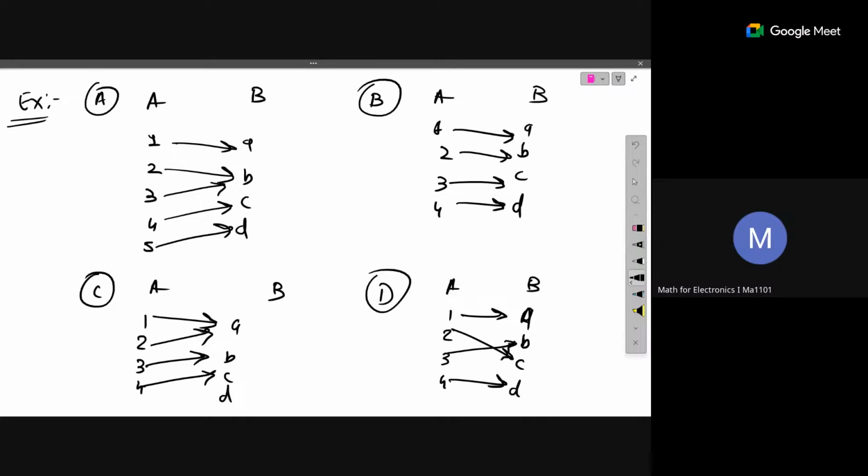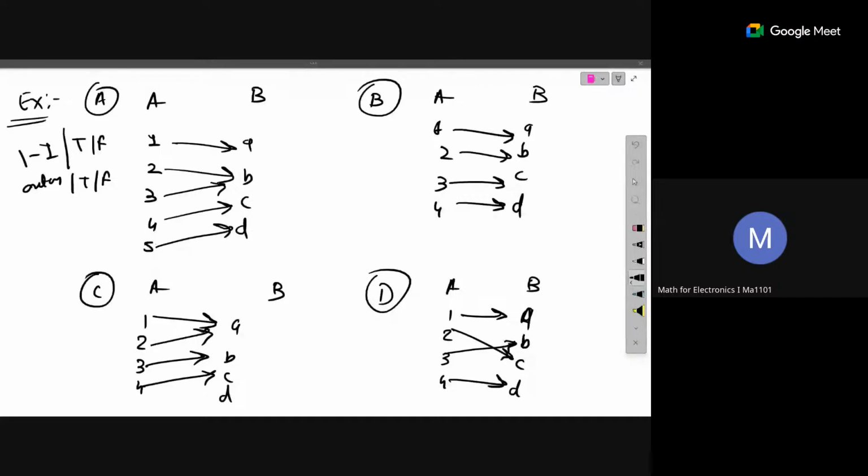Let's start with the first one. Is this a one-one function? True or false, and onto also? This first one is not a one-one function. Why is it not one-one?